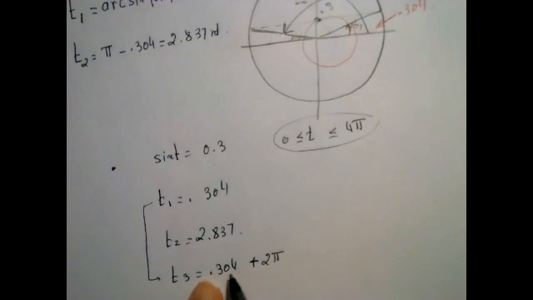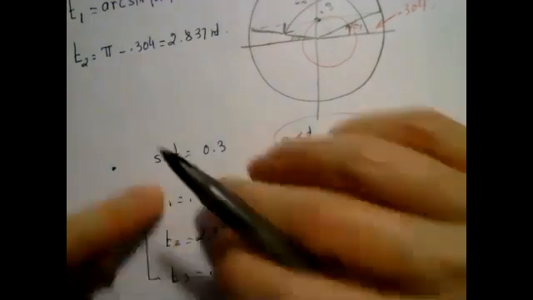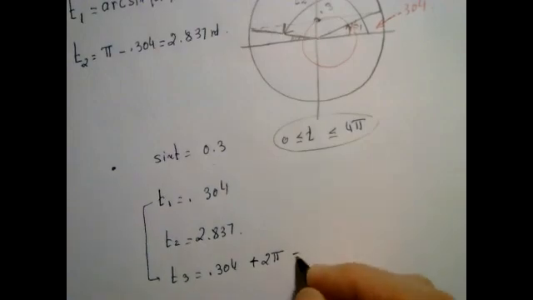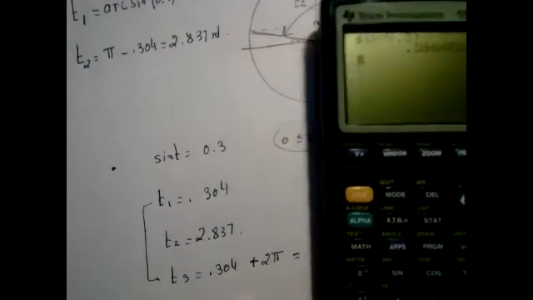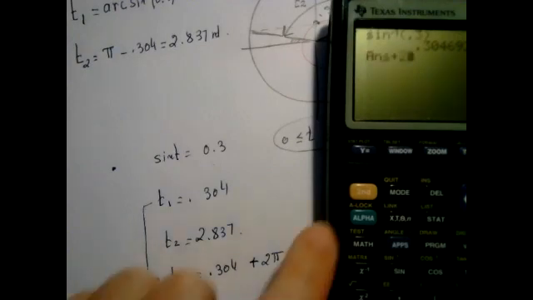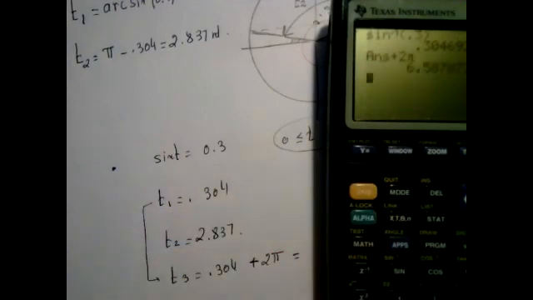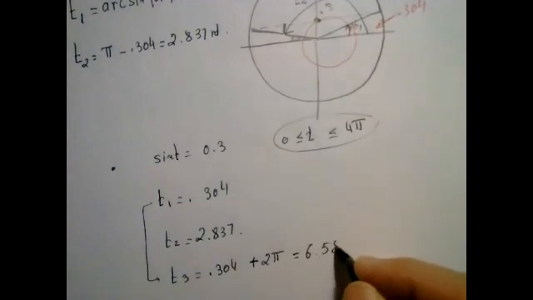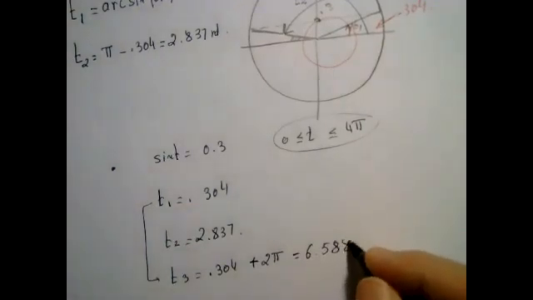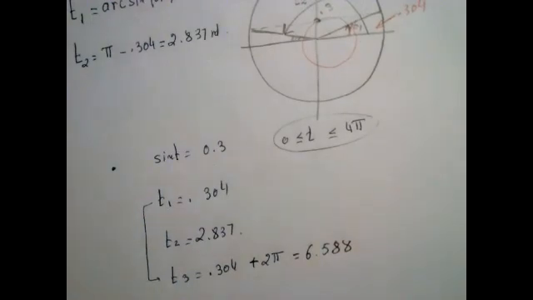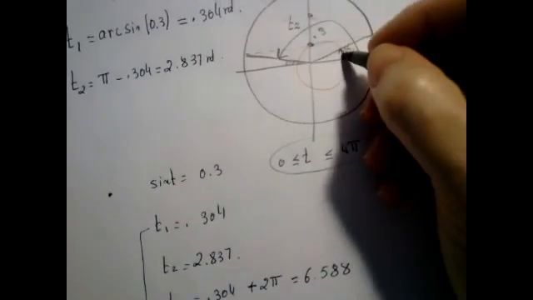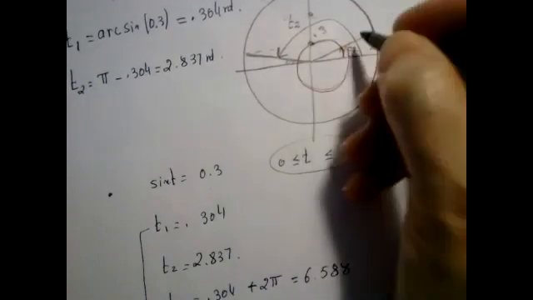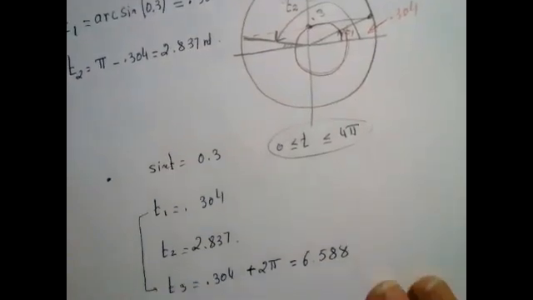It means if I plug in this angle for t, I'm going to get honest to goodness 0.3. So I add 2 pi to T1 and I get 6.588 almost. That's another solution. It's obtained by starting at T1 and going around a full circle. The point is not changing. The sine is always 0.3.